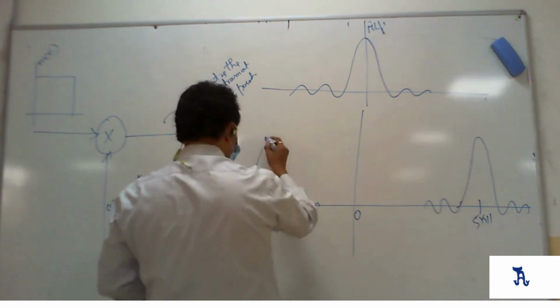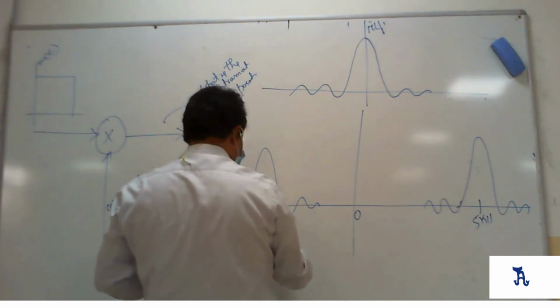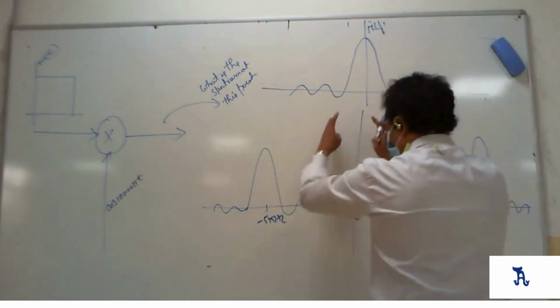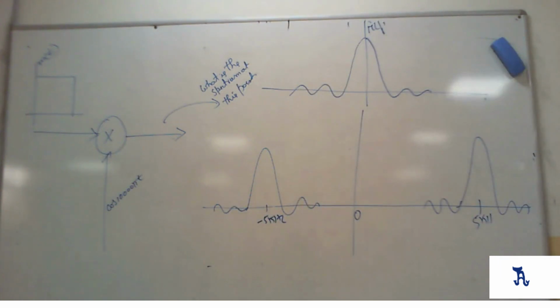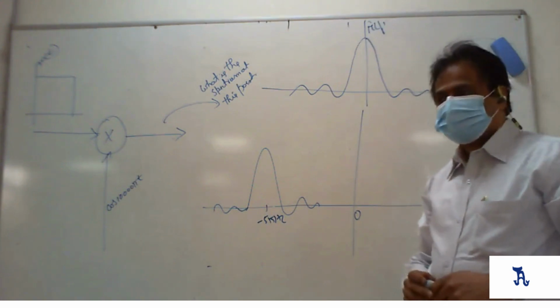Okay. Now this is minus 5 kilohertz. This will go to 5 kilohertz, and this will go to minus 5 kilohertz. This is the spectrum. This technique you remember always. Okay.